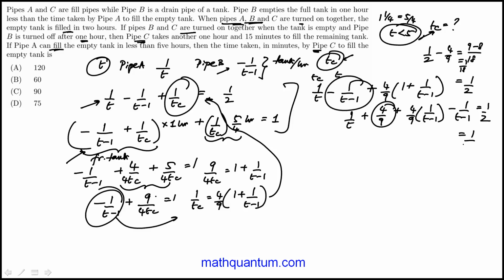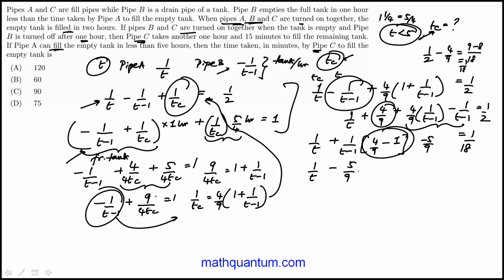So the constant term would be 1/18. We'll have 1 over t, and then if I factor out 1 over t minus 1 from here, I get 4/9 minus 1. You may do things slightly differently. It's just a matter of personal preference. So this becomes minus 5/9. So we have 1 over t minus 5/9 times t minus 1. We know we'll get a quadratic here at some point.